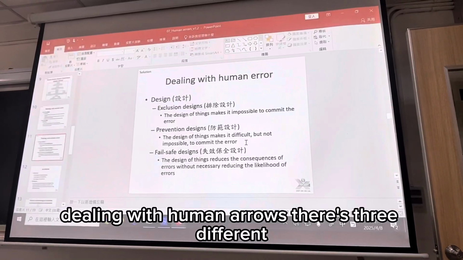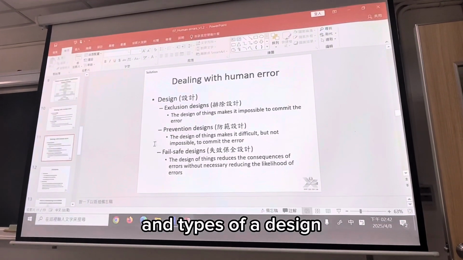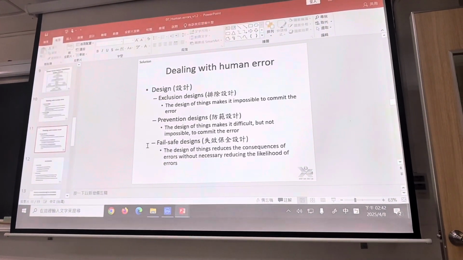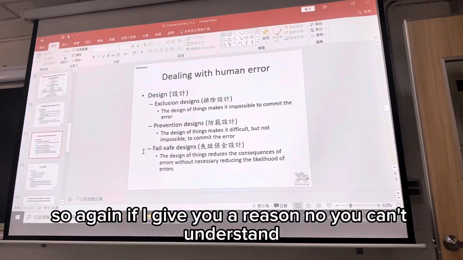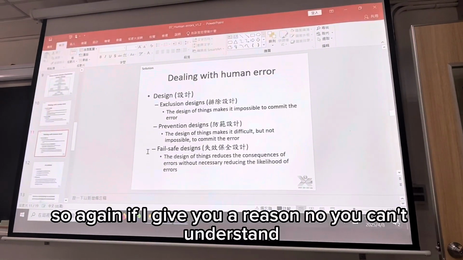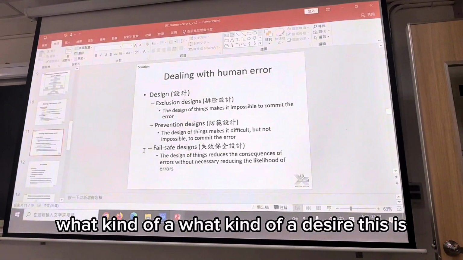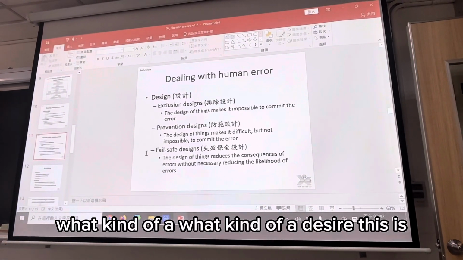And for dealing with human errors, there are 3 different types of design. So again, if I give you an example, you can understand what kind of design it is.